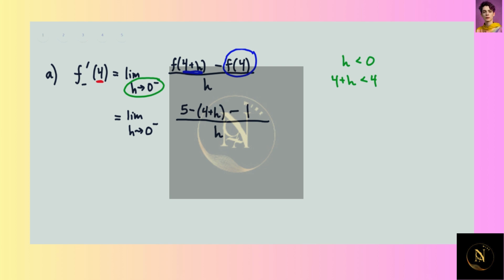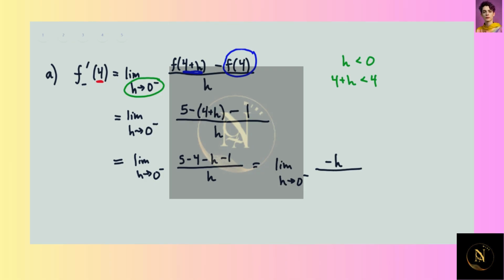Okay, this looks not too bad now. We will keep this part: 5 minus 4 minus h, minus 1. Just a little arithmetic on top will give us 5 minus 4 is 1, minus 1 is 0.